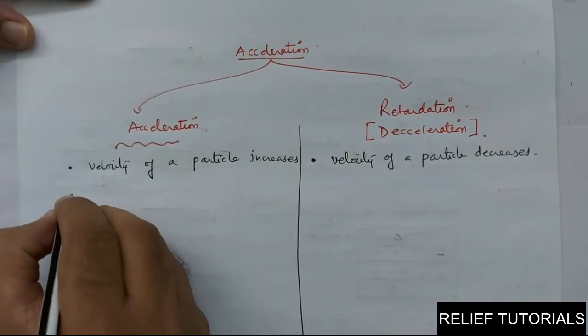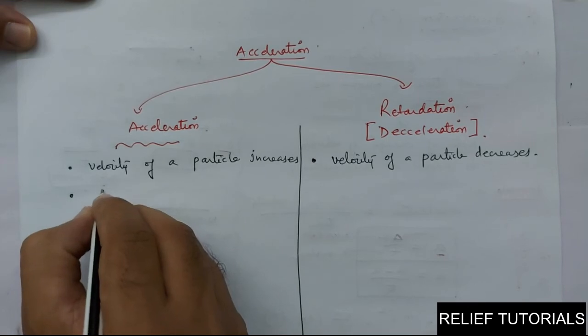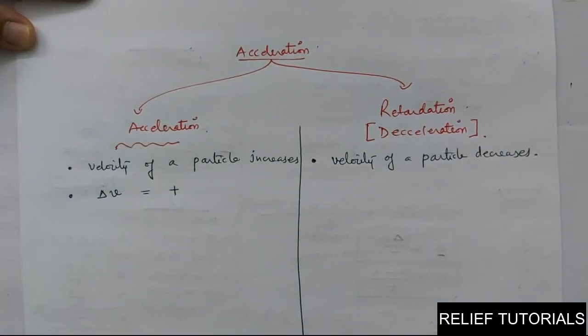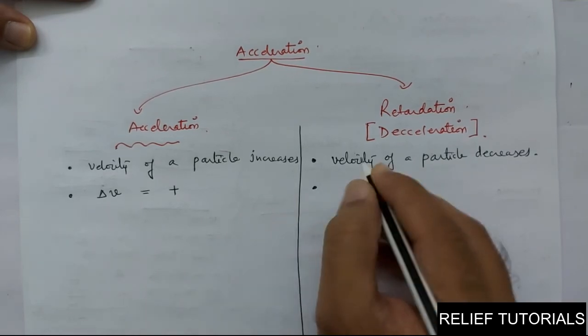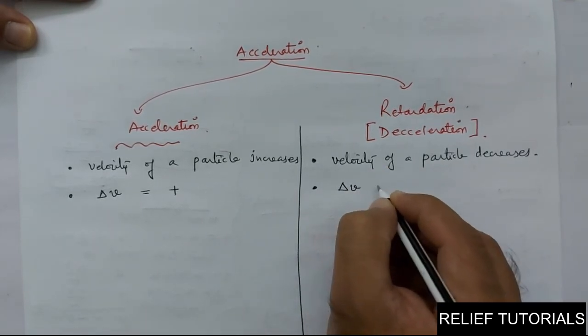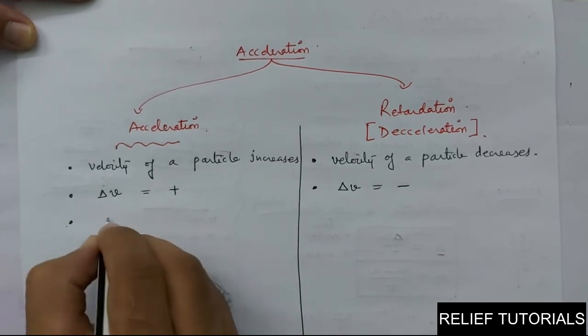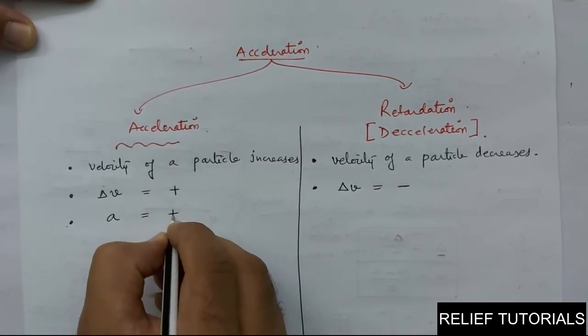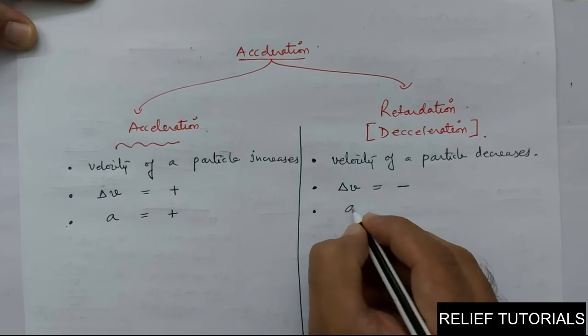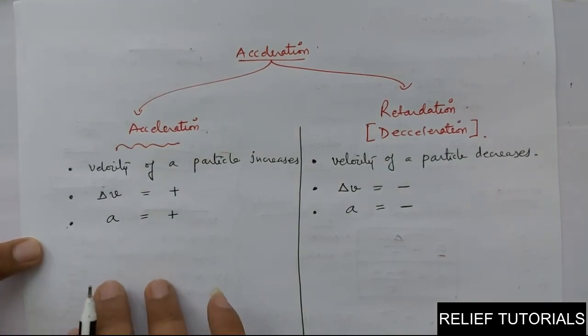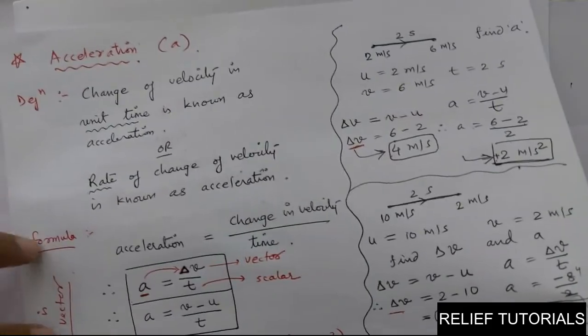One more thing: in acceleration delta V is positive, and in retardation delta V is negative. Therefore here acceleration is positive, and here acceleration is negative. Simple.